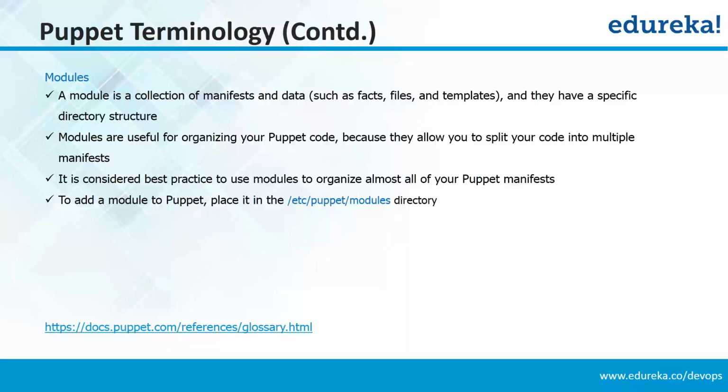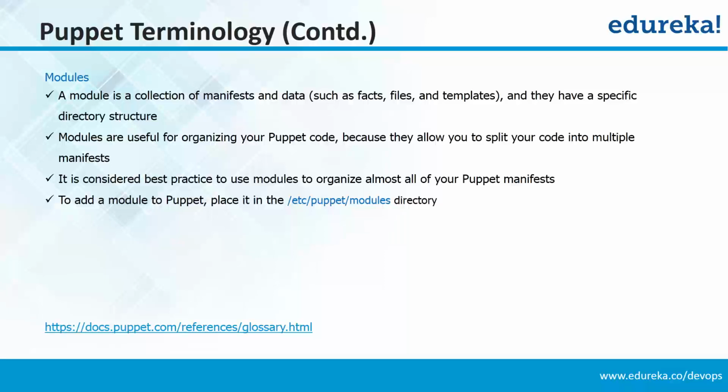In modules, you can have multiple classes and multiple manifests, and this is one of the best practices of Puppet. Puppet will simply say, if you have to write code, create a module. Do not write it in free format. You can still write in free format.